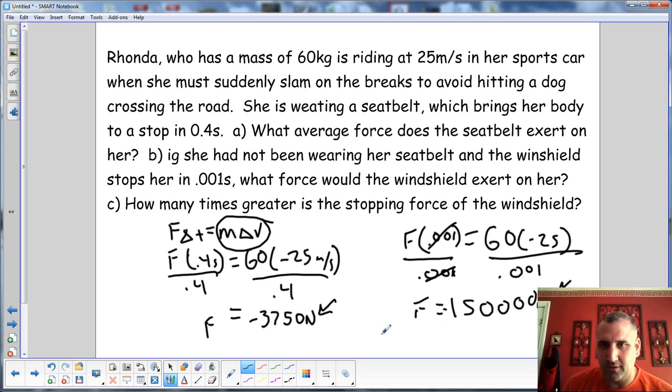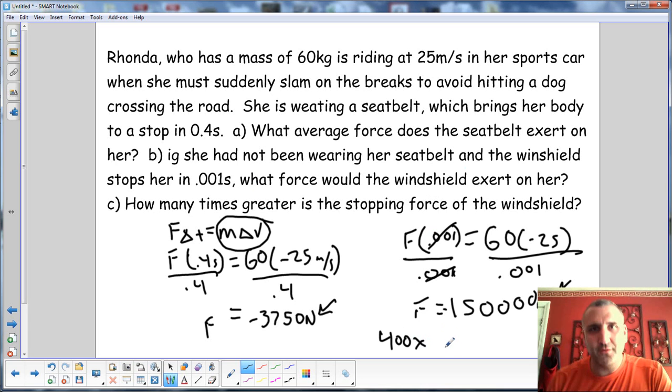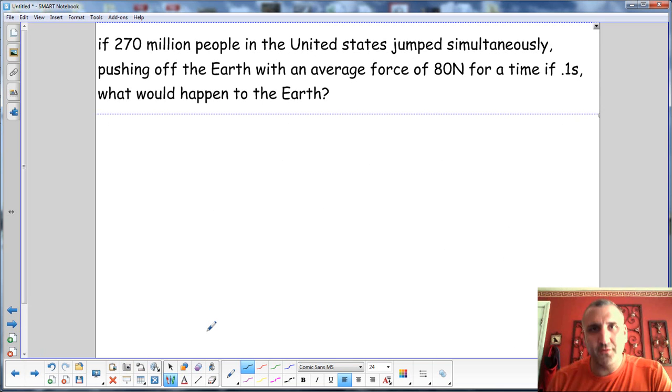Alright, next question. If 270 million people in the United States jump simultaneously, pushing off the Earth with an average force of 80 newtons for a time of 0.1 seconds, what happens to the Earth? F delta t equals m delta v. So we're looking for the fact that the Earth is going to change its velocity slightly. The force you need to figure out, though. The force is not 80 newtons.